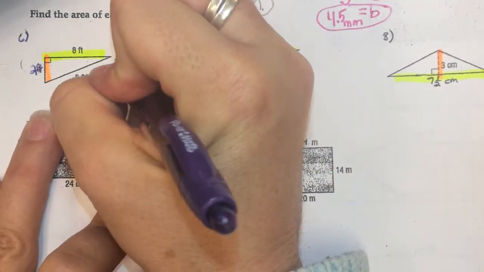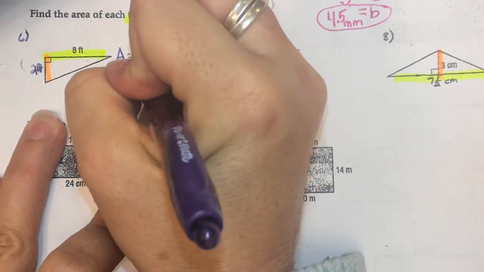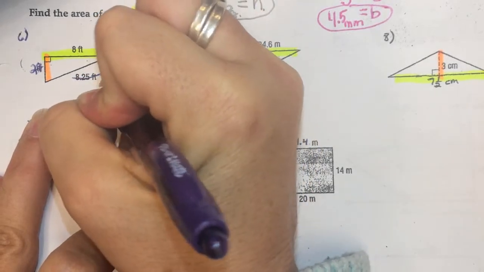Here we go. 6 is base times height divided by 2.